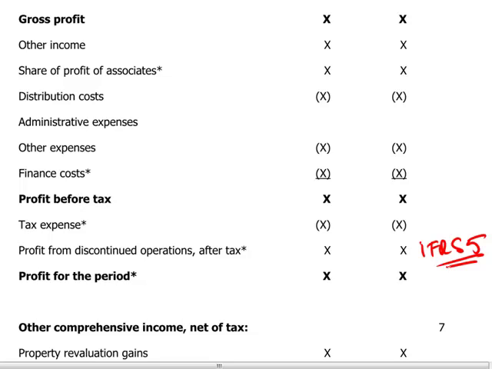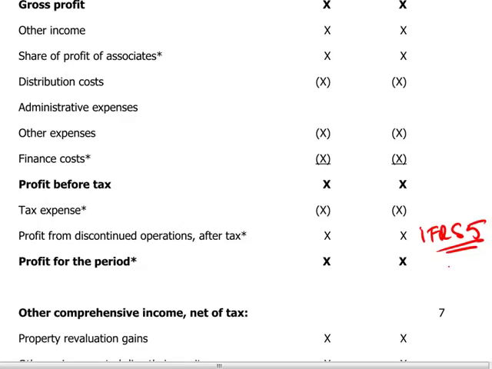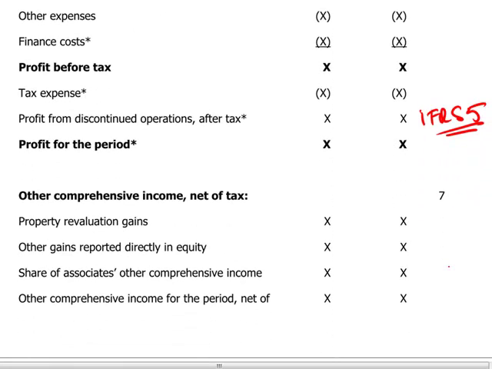So again, it enhances the relevant information that we are producing for our shareholders, so they will know that next year the profit that was reported for a particular division, which is going to be sold, will no longer be there.